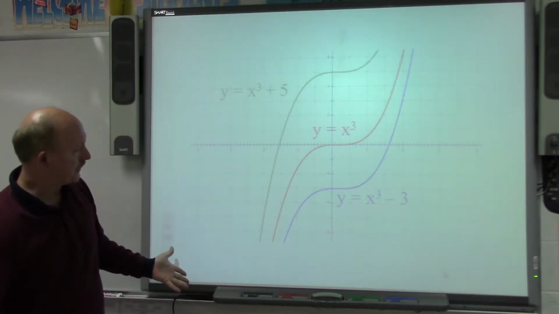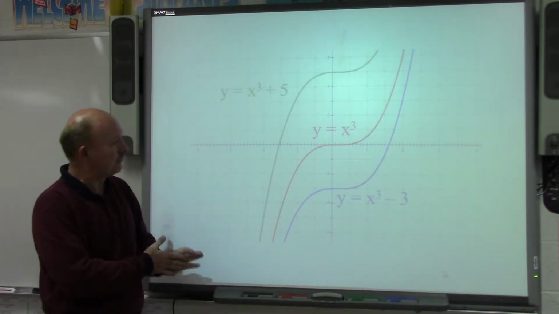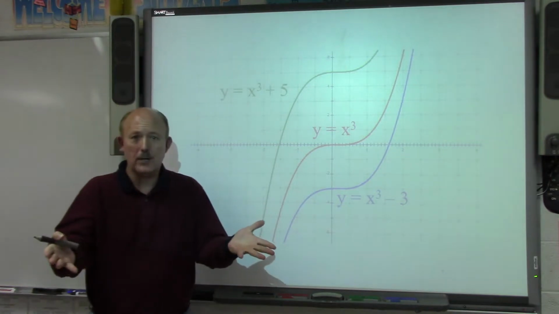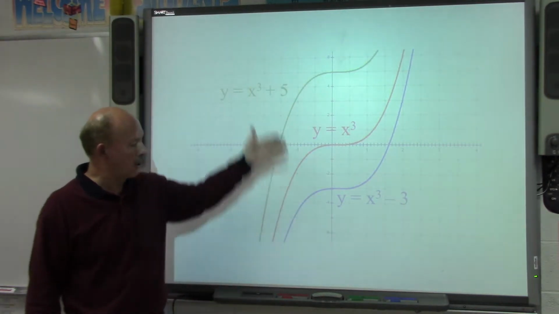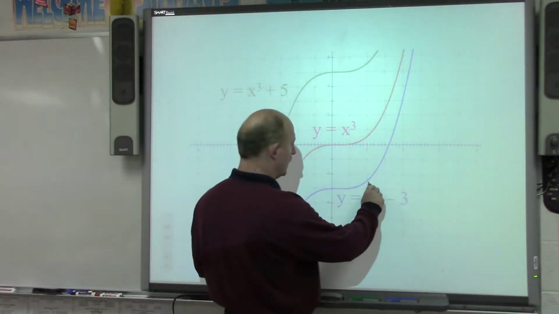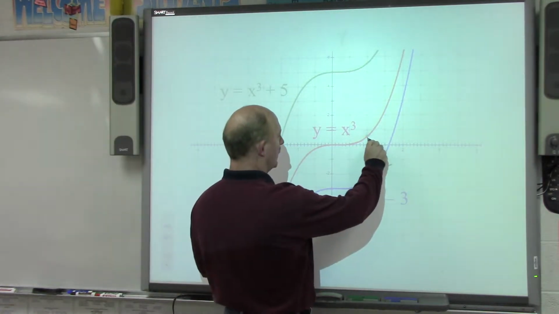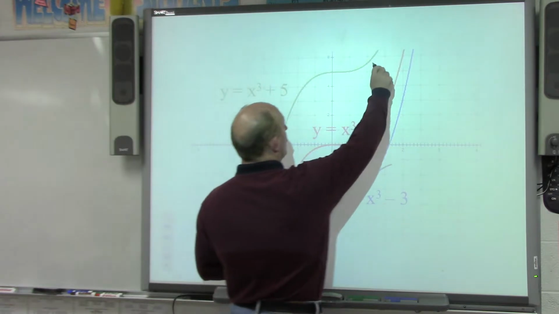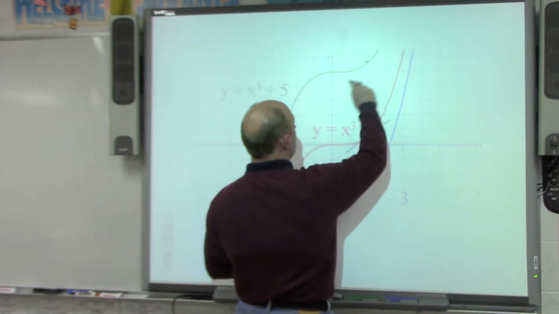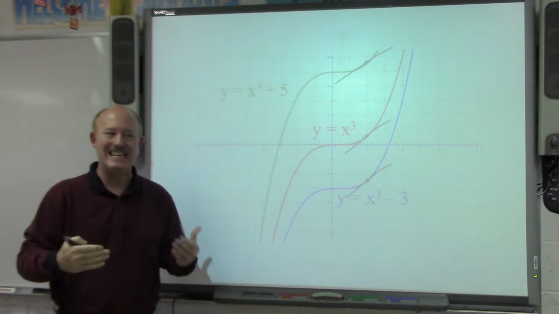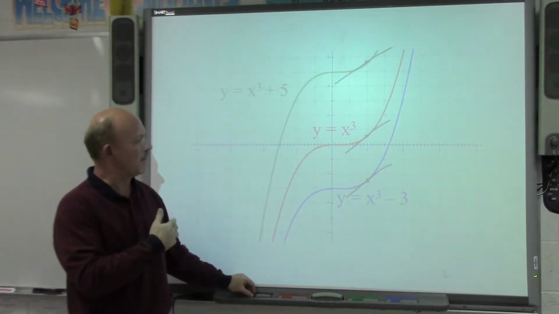Notice, as you look at each of these graphs, if you pick out a particular point on any curve and draw your tangent line, the tangent line is going to be the same on each one of these functions.